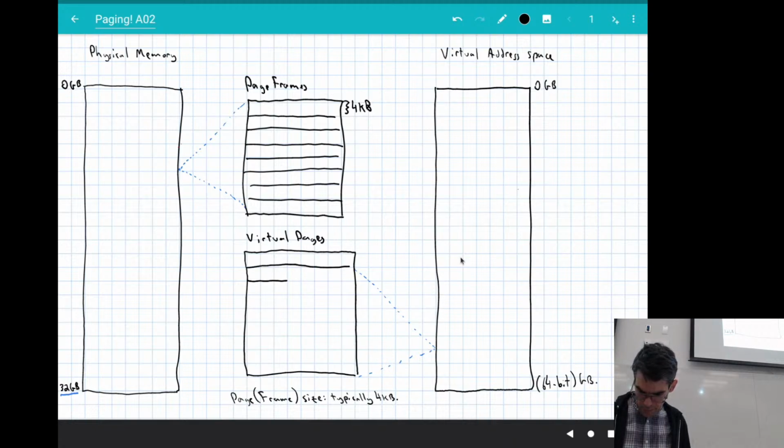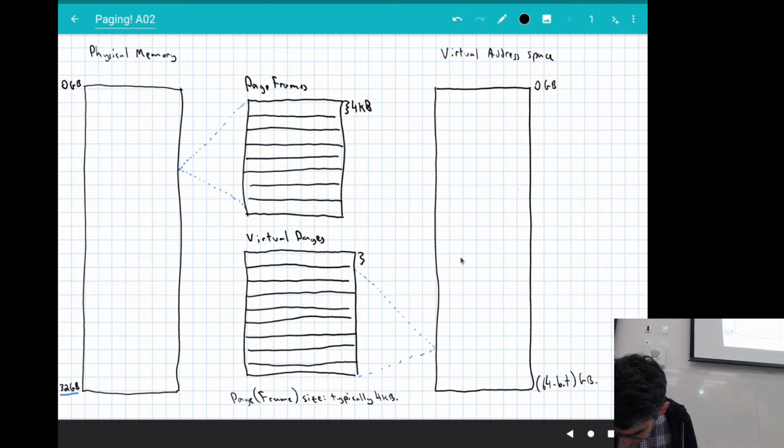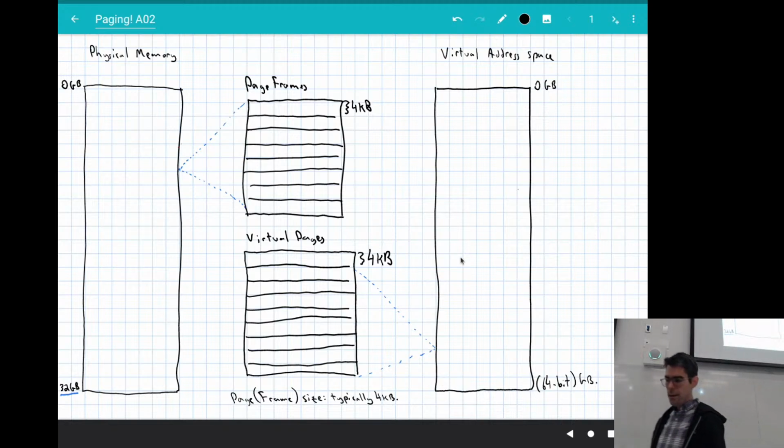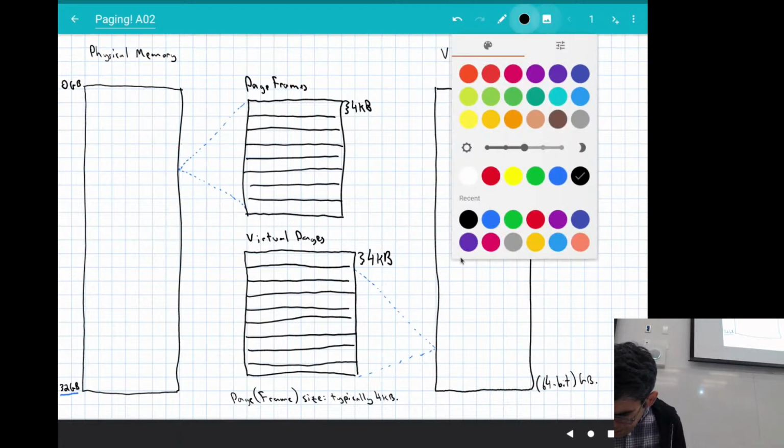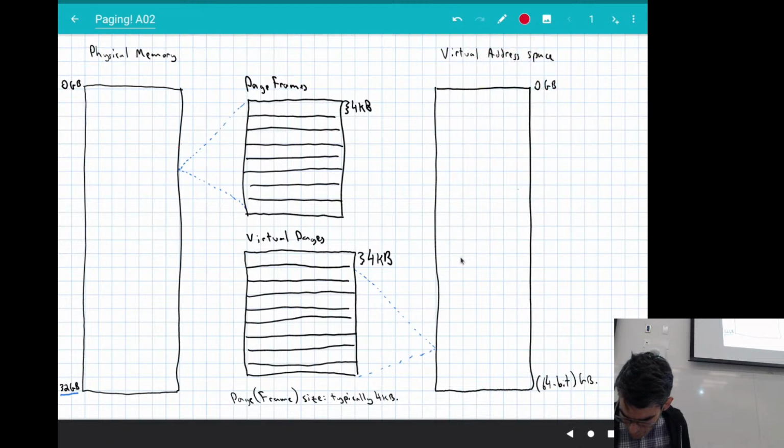These are also going to be partitioned into 4 kilobyte partitions. This is 4 kilobytes in size for each one of these pages in my virtual address space. And ultimately, what this actually looks like internally is that my virtual pages are written into page frames in physical memory.